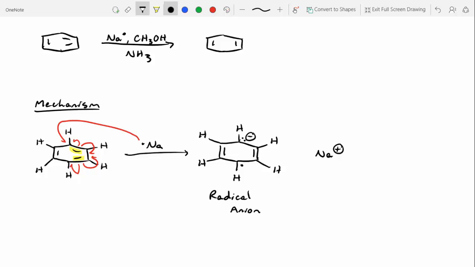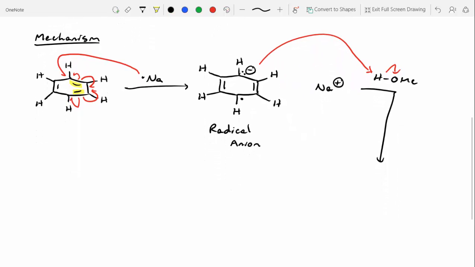And the next step in this reaction actually involves the methanol, where this negative charge will grab a proton off of methanol and get rid of that anion. So now we've got 2 protons. We still have these double bonds. Got protons off of all of the other carbons.